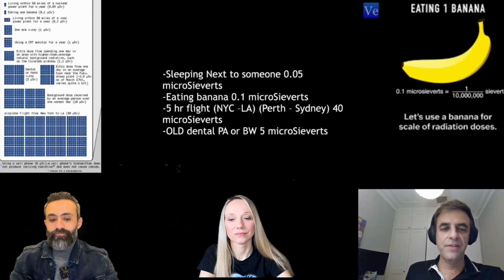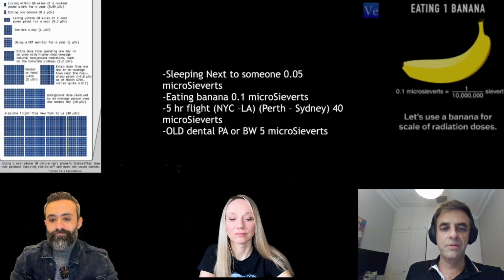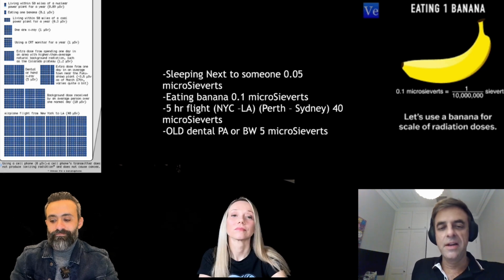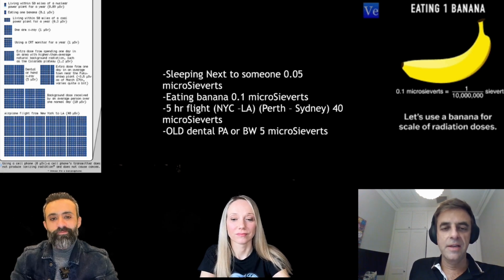And if you look at the other note I've got there on the slide, a 5-hour flight from New York to Los Angeles or Perth to Sydney, and I'm about to go to Perth in a few days' time to teach there, is 40 microsieverts. So that's 400 bananas.